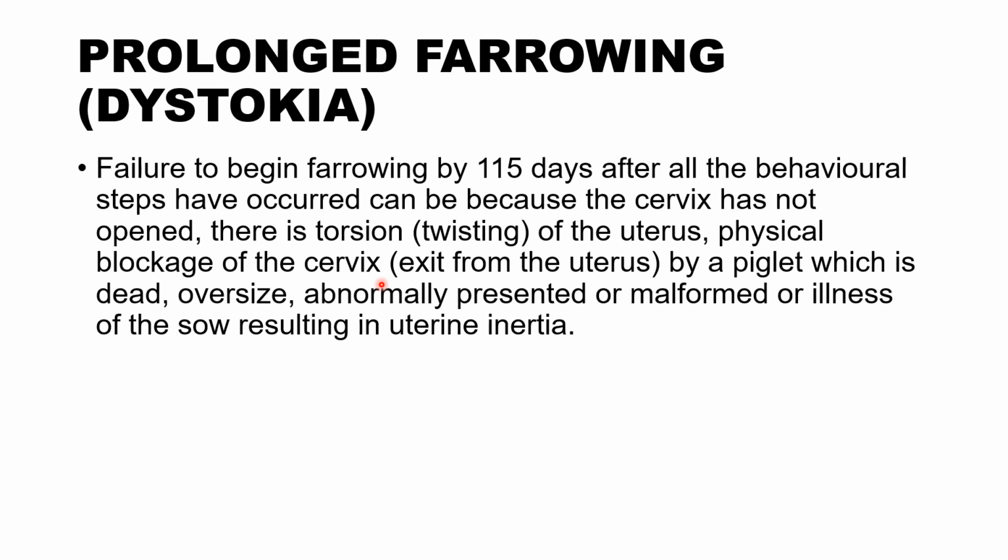Abnormally presented means the head does not come first, or the back and tail do not come first. Instead, what comes first is the front legs or hind legs, which causes the piglet to get stuck at the cervix. Or it can be malformed, so it blocks the cervix, or there is illness of the sow resulting in uterine inertia, so she cannot farrow properly.